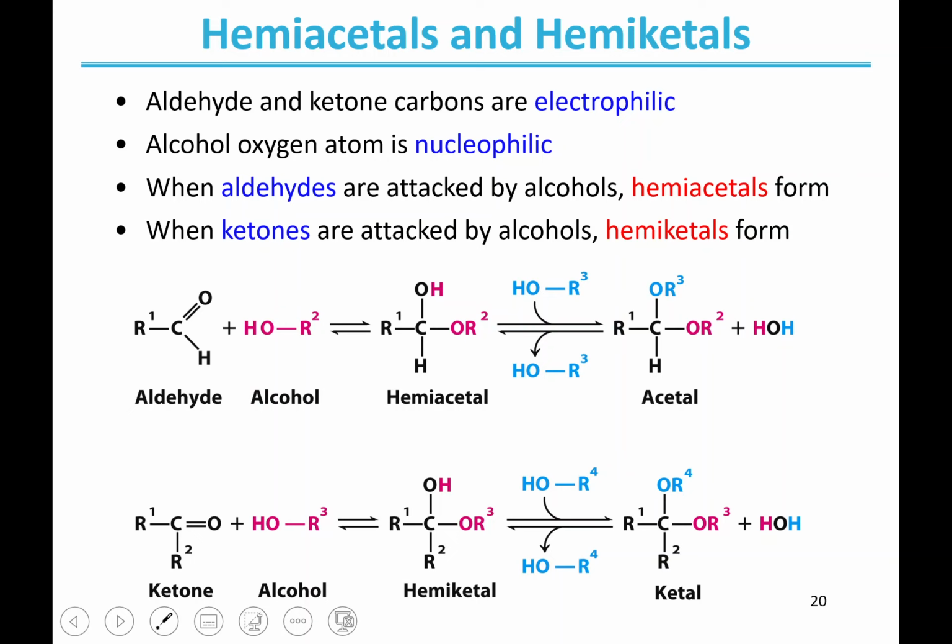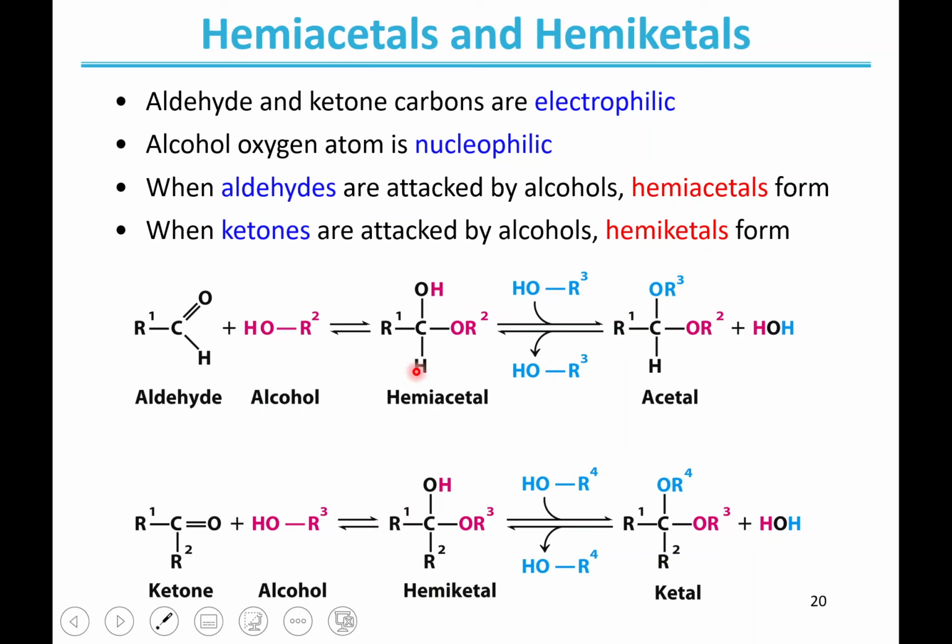Okay. On the ketose sugars, what you can have is a nucleophilic attack from the oxygen to that ketone carbon. And what that forms is what's known as a hemiketal. So for hemiketals, again, you have a carbon attached to an OH group and an OR, but you also have two other R groups on the carbon.